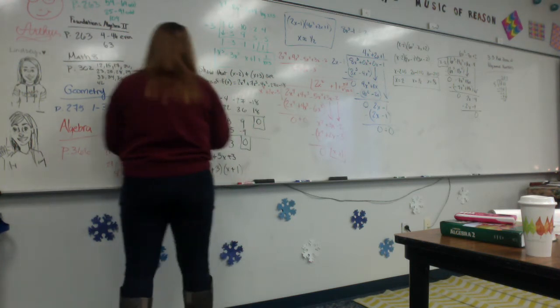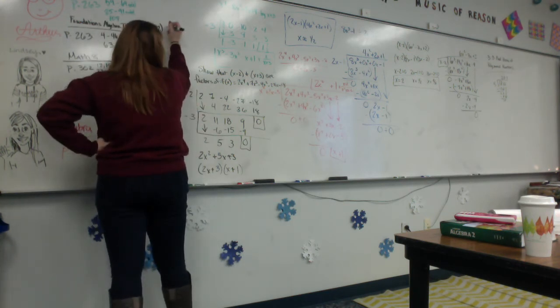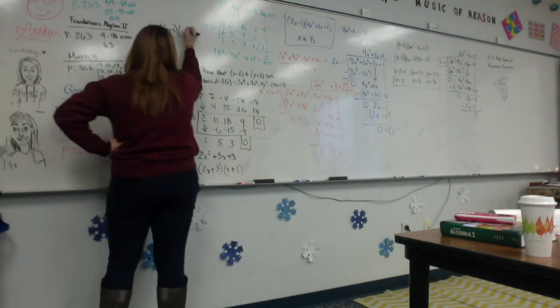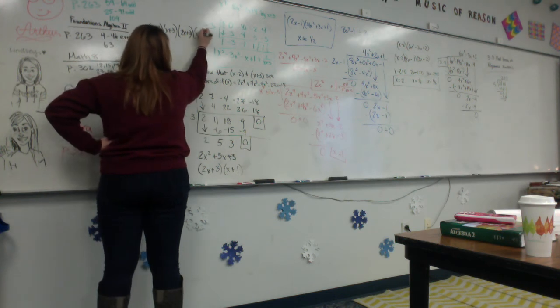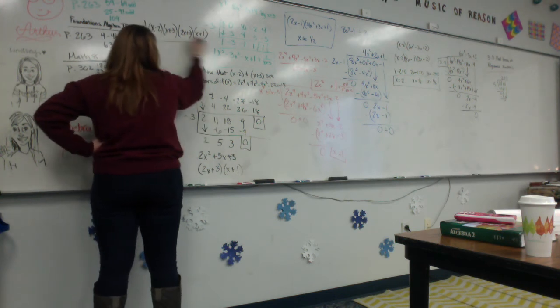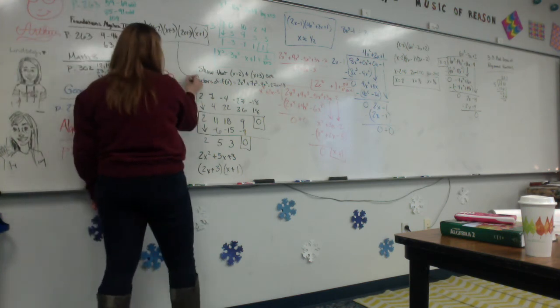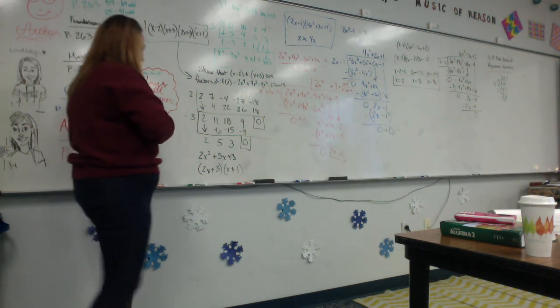So my factors of this equation were x minus 2, x plus 3, 2x plus 3, and x plus 1. Now I have finished that equation all the way. Okay? I proved that they were factors of it, and I also solved the rest of the factors for it.